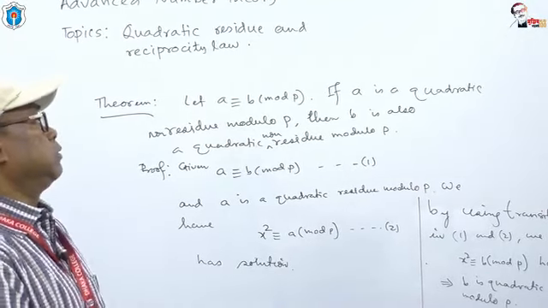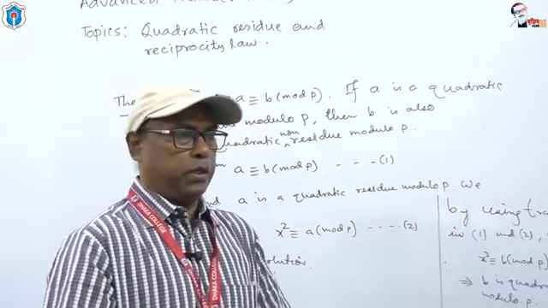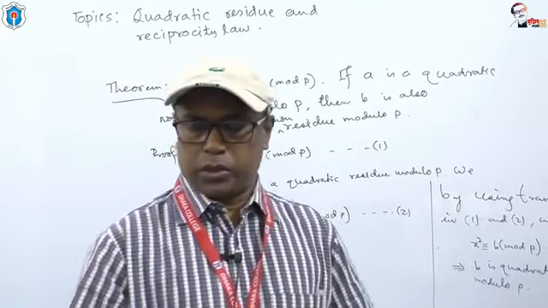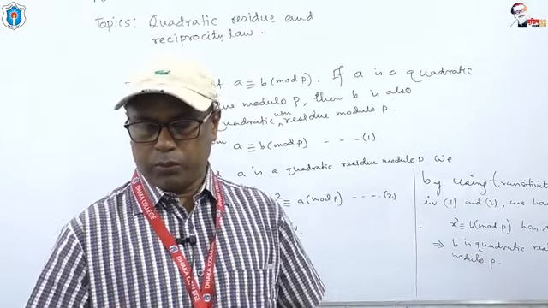Now, if a is a quadratic residue modulo p, then the congruence x square congruent to a mod p has two solutions. We shall prove it now.